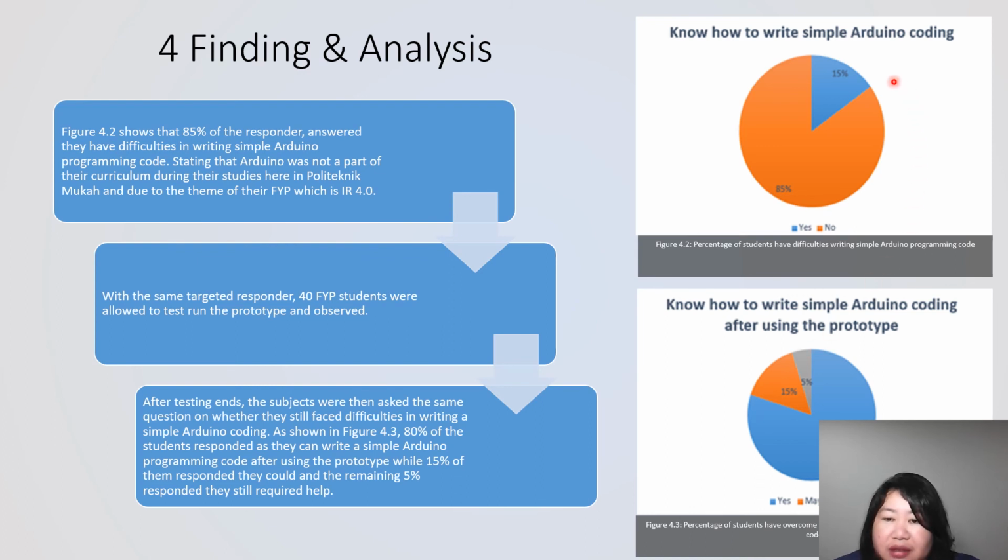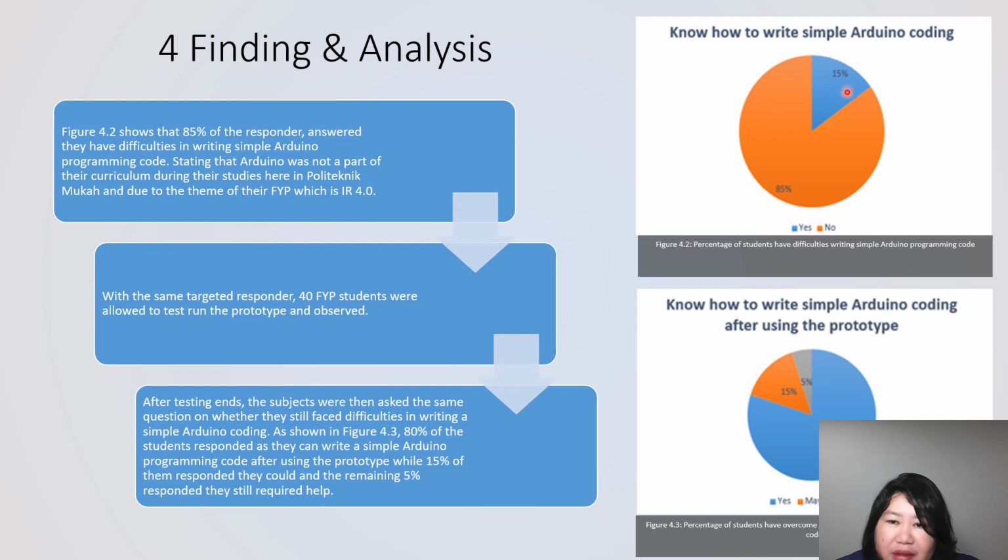So here we can see the difference: from 85% of students who responded they do not know how to write simple Arduino coding, there is a decrease in the percentage of students who do not know how to write simple Arduino coding from 85 to 15%.